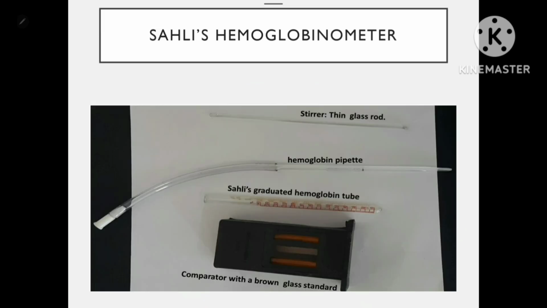So next, the most common instrument which is kept is Sahli's hemoglobinometer. So always you have to pronounce it correctly. Sahli's hemoglobinometer. This is usually a brown bottle, the brown glass comparator with a brown glass standard.